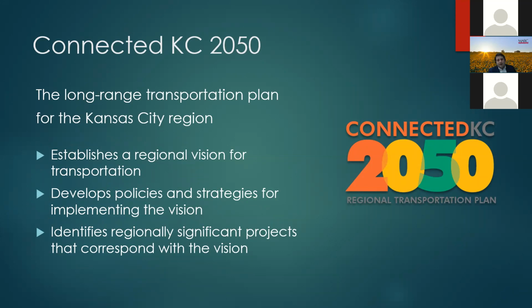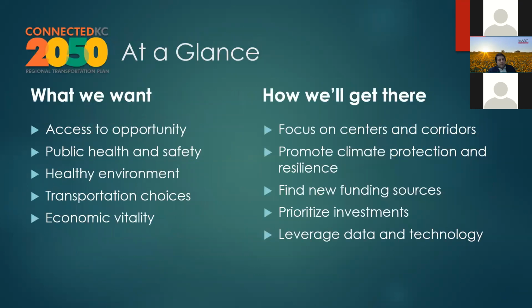And that is our Connected KC 2050, our long-range metropolitan transportation plan for the Kansas City region. This is a plan that was adopted in June of 2020, establishes a vision for our transportation system. It develops policies and strategies for implementing this vision, and ultimately identifies regionally significant projects that correspond with the vision itself.